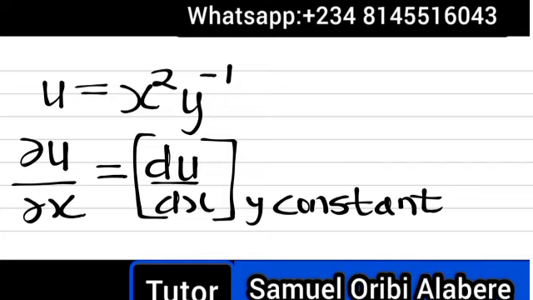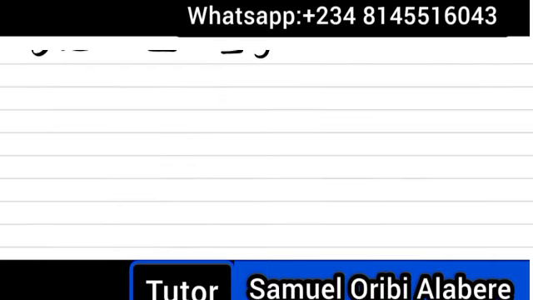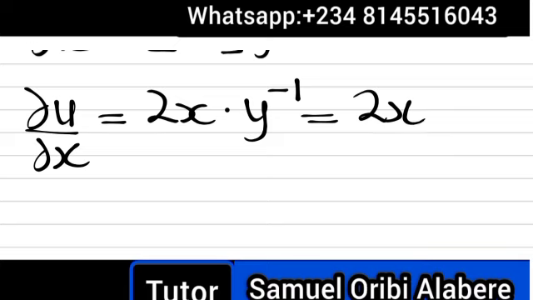So in other words, we are not going to be touching y as we are differentiating. That is to say that the partial derivative of u with respect to x will be equal to 2x times y raised to the power of negative 1, which when we further simplify, will be equal to 2x all over y.